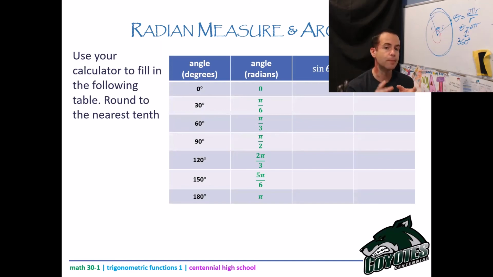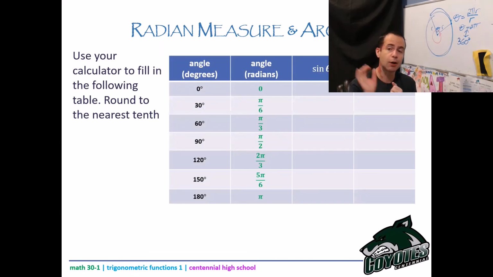Okay, so the mode matters, but in 30-1, you will be constantly switching between modes, depending on the question you're doing. It's not like we've trained you in 10 and 11 that you always have to be in degree. Not so in grade 12, you'll be switching back and forth all the time.